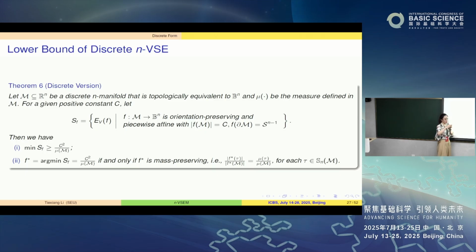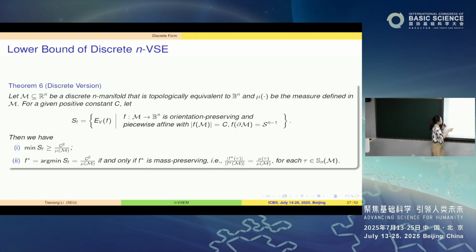Of course, in the discrete situation, the volume of this ball is not a constant; there is an error between the discrete region and the continuous region. So we give a positive constant c and require the mass of the target domain to be c. And of course this is the boundary condition.